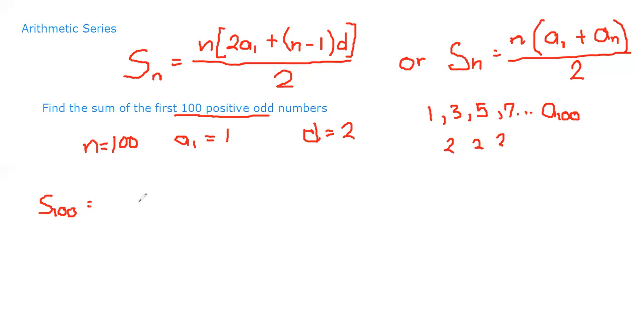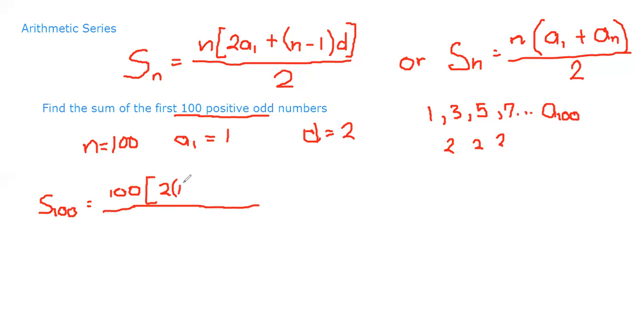So, S sub 100 is equals to, ang n natin, that is 100. Then, lagay natin ng 2. What is our first term? That is 1.